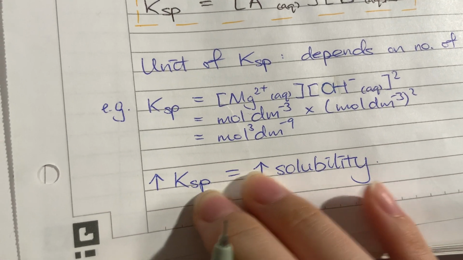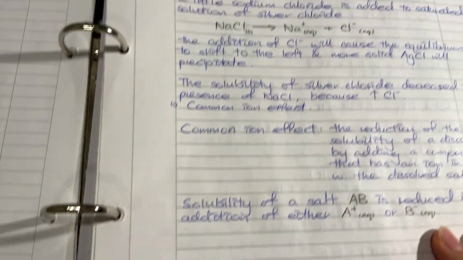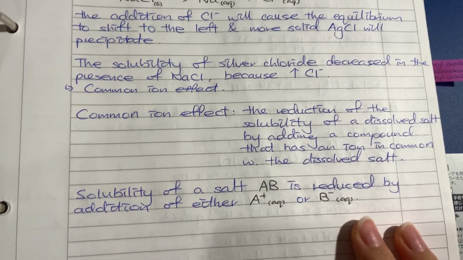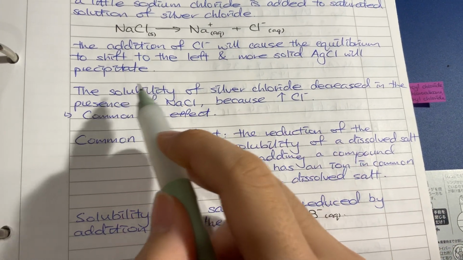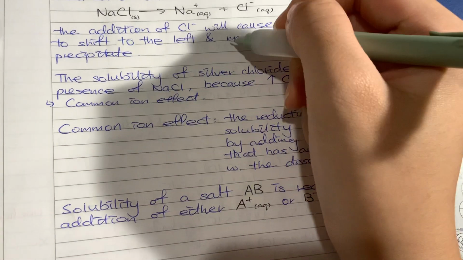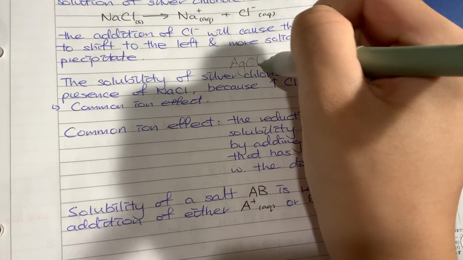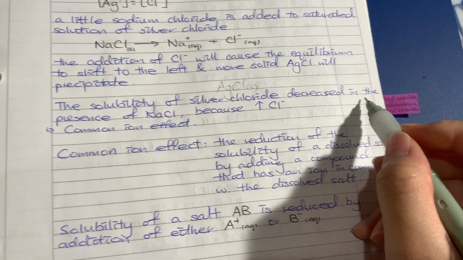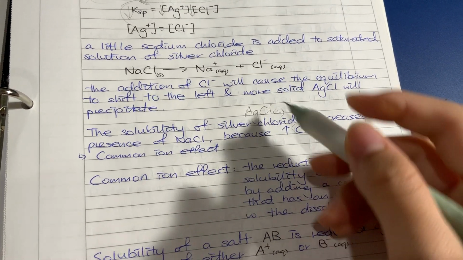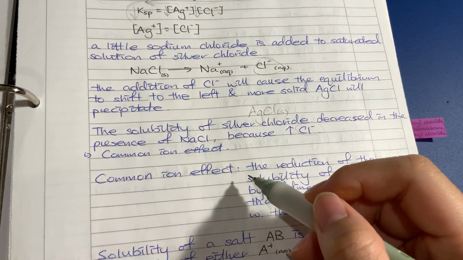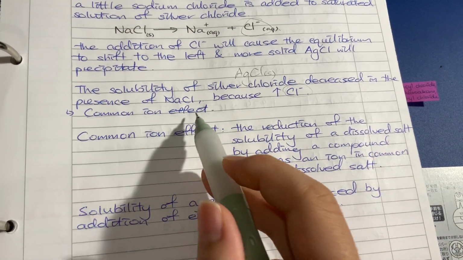So the lower the Ksp, the lower the solubility. So that's helping us to come to the conclusion that the solubility of silver chloride, AgCl, is decreased in the presence of NaCl because of the increase of chloride ions. And this is a common ion effect.